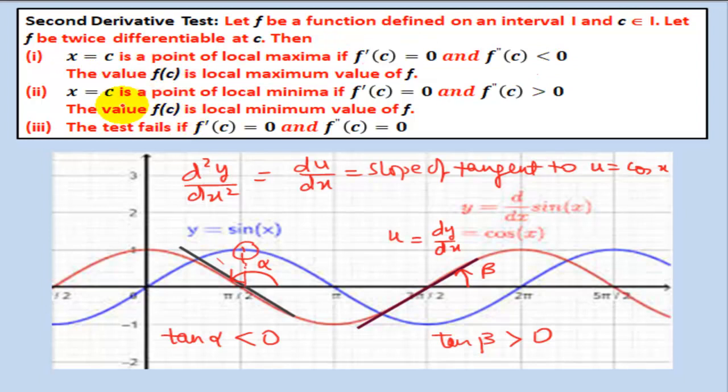Now coming to the second part, in the same manner, if for this critical point the second order derivative comes out to be positive, then it will be a point of local minima. That can also be verified here. You can see this is another critical point, and at this critical point the second order derivative is coming out to be positive. Or you can say at this point when the tangent is drawn, its slope is coming out to be positive.